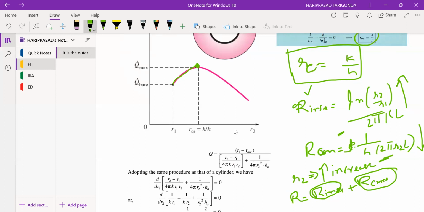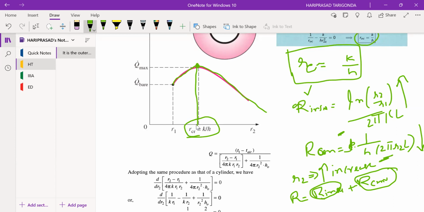When resistance for the heat flow is increasing, the heat transfer rate goes on decreasing. Therefore the point where we get the maximum heat transfer rate is called the critical radius of insulation. For a cylinder it is k by h, as we have just seen.